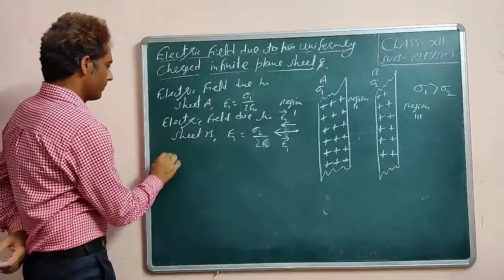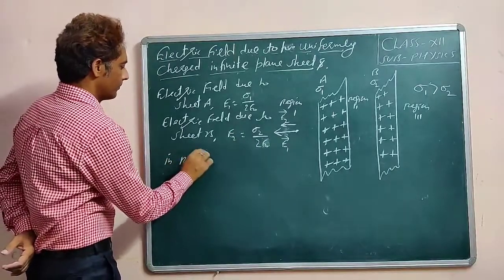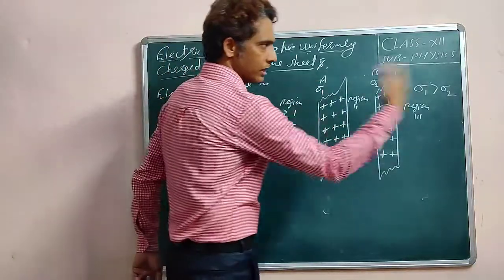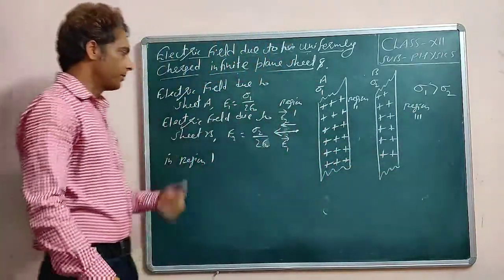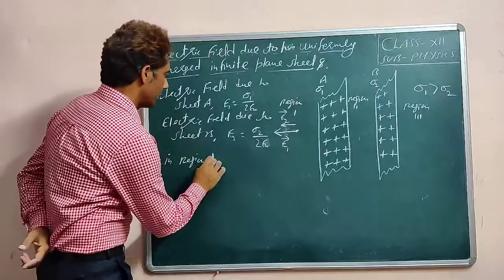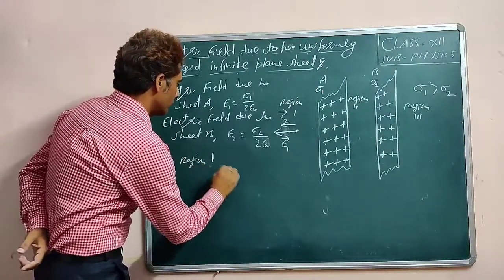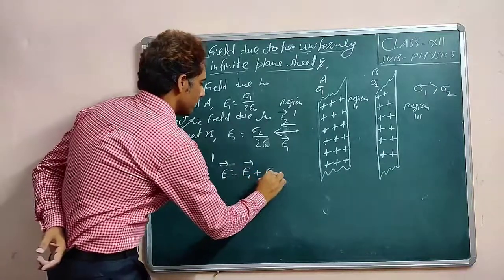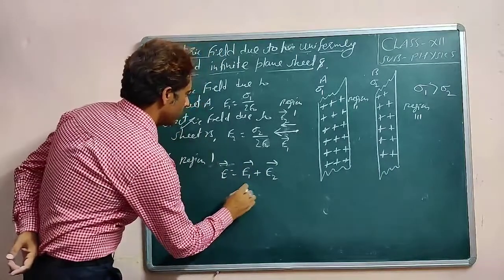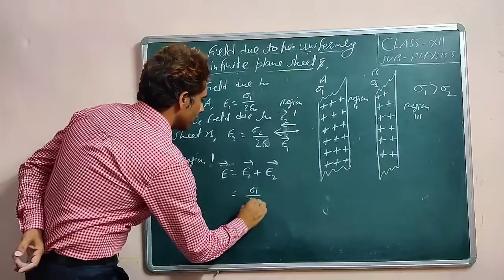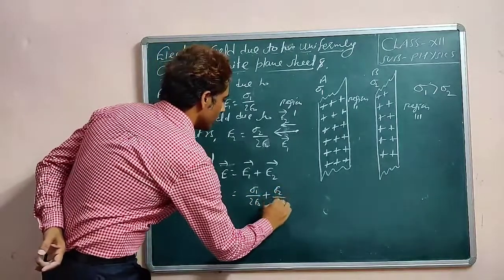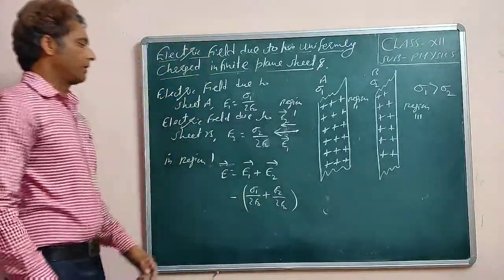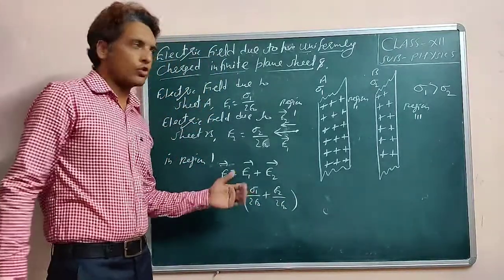So in region 1, now if I consider this direction as positive, then it will be negative. So net electric field in region 1 will be equal to E1 plus E2. So that will be equal to sigma 1 over 2 epsilon naught plus sigma 2 over 2 epsilon naught, and we can write here negative. Negative just indicates that this direction is toward left.